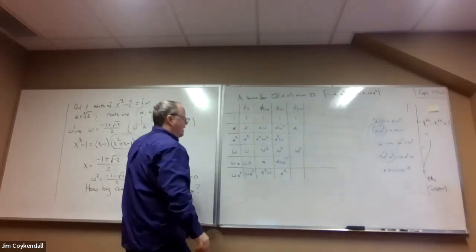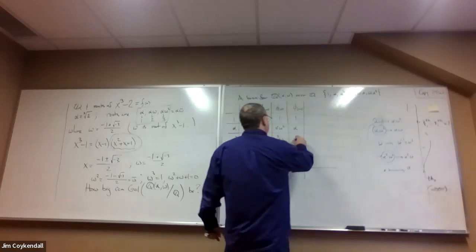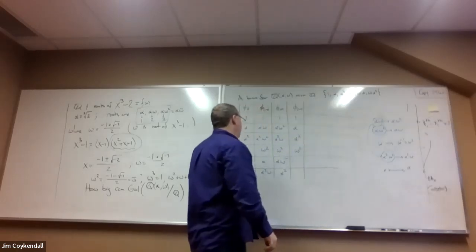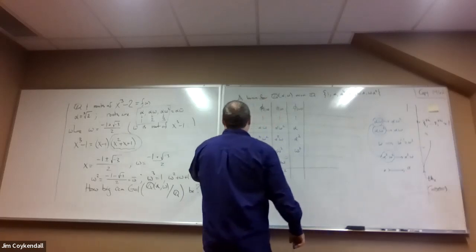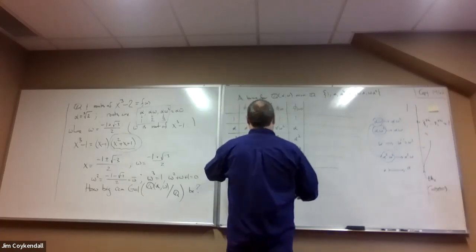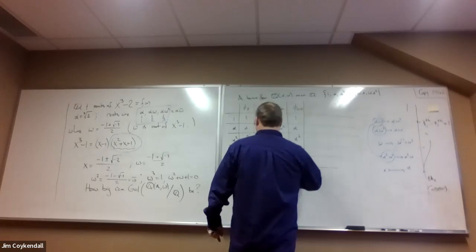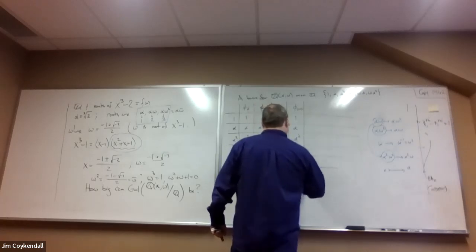That's what we want. That means that alpha squared goes to alpha squared. And now I can just take the rest of this off. Alpha omega goes to alpha omega squared. And alpha squared omega goes to alpha squared.